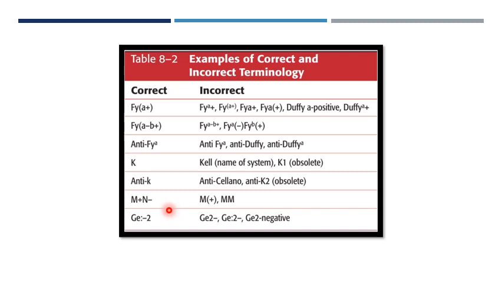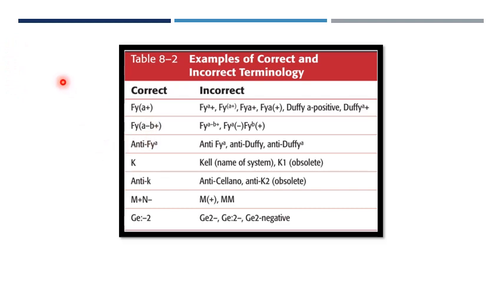So, for example, this one, M plus and negative, should be written and not in this manner. For the antibody of FYA, anti and a dash sign is added before the FYA. Not in this manner, not in this manner, and this one.